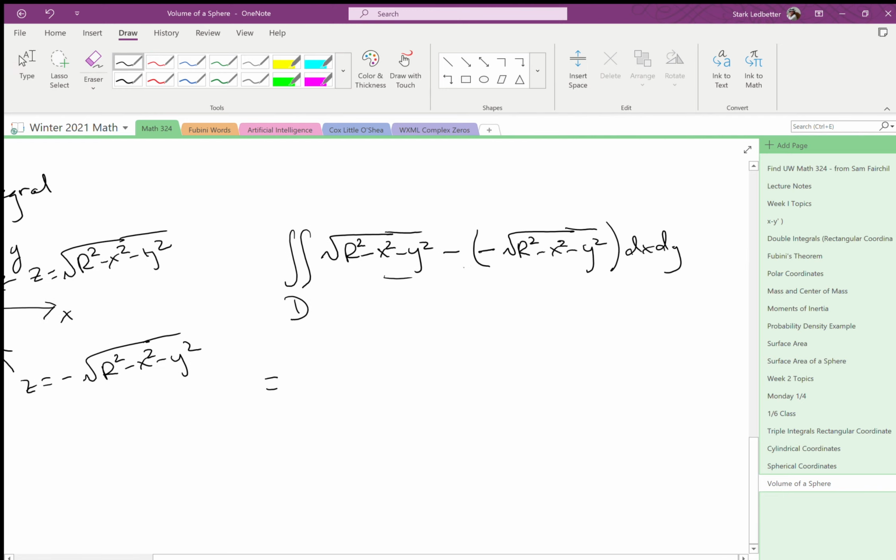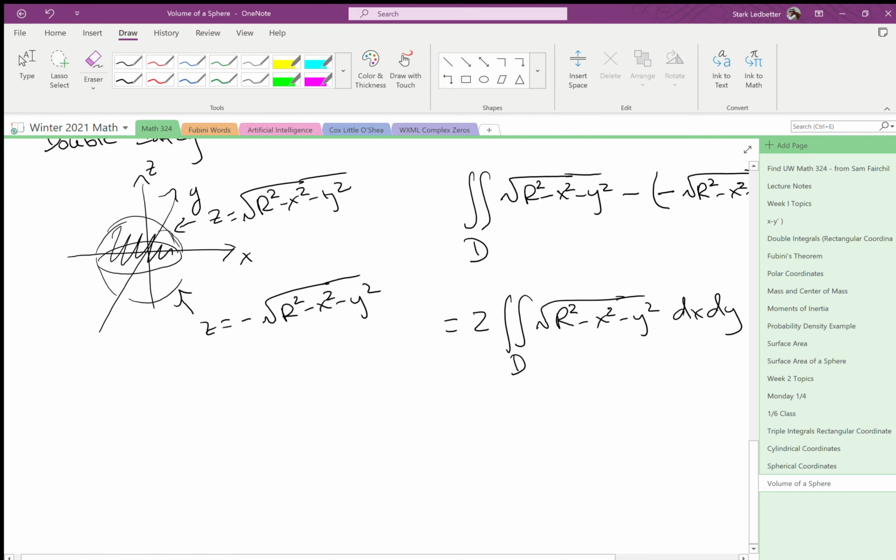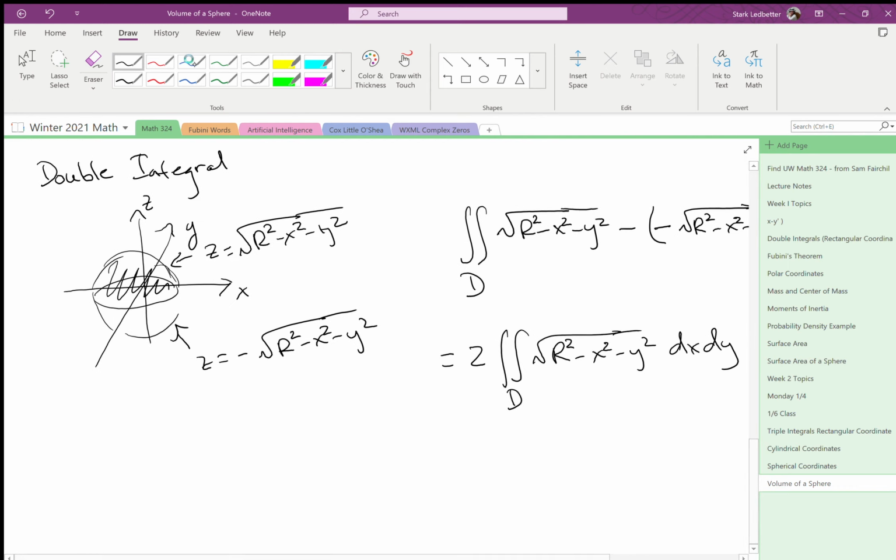And you'll see that minus a negative is a plus, so it'll work out to be the same thing. So 2 times the integral over the region of r squared minus x squared minus y squared dx dy. And then what is that region?